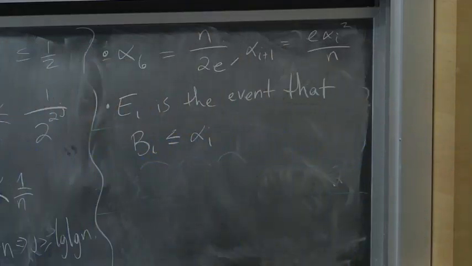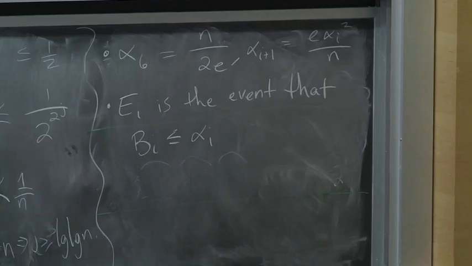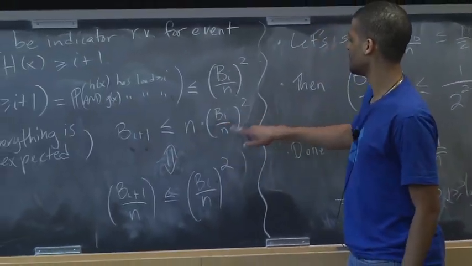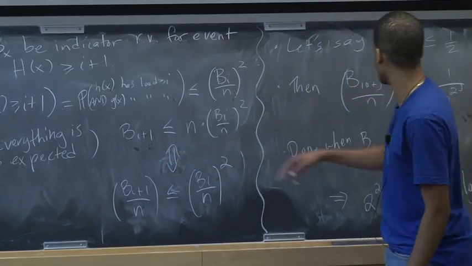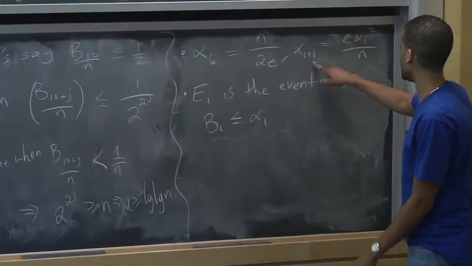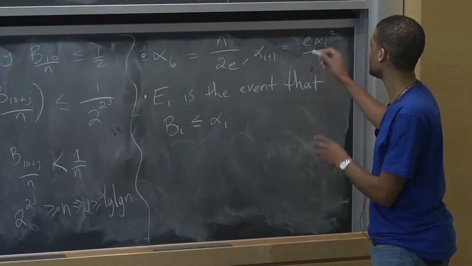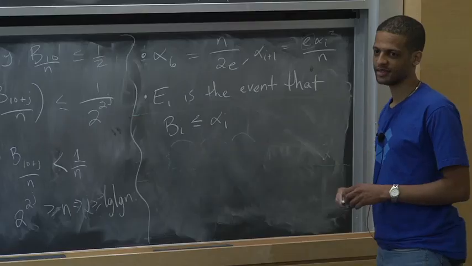It's almost doing exactly what the fake proof did, right? So here we said that b_{i+1} is b_i squared over n. Here we're just making our upper bounds behave in the same way. We give ourselves a little bit of slack because there's this factor of e here, right?